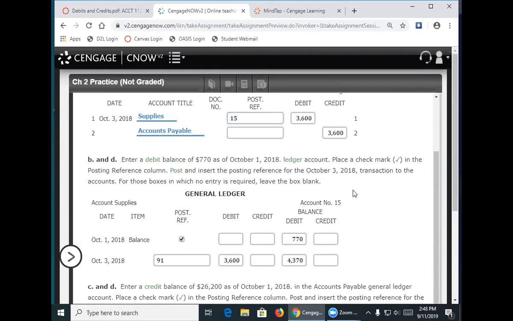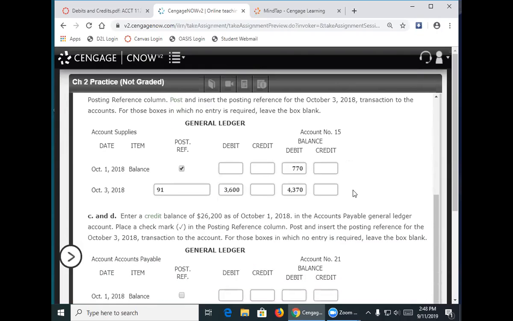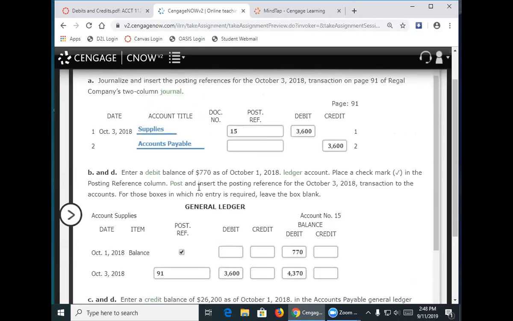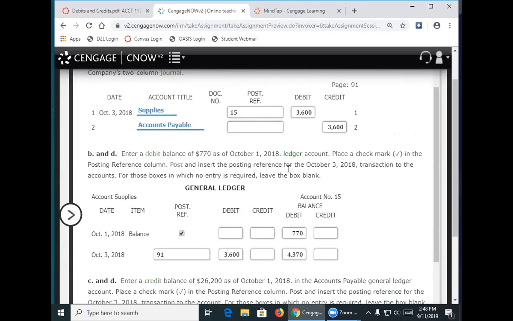The next step has us dealing with accounts payable, which is account number 21. It says enter a credit balance of $26,200 as of October 1st. So I'm going to put a check mark on my post reference, come all the way out to the right, and put in my credit balance of $26,200. And then I look up here again: on October 3rd, I credited accounts payable $3,600.